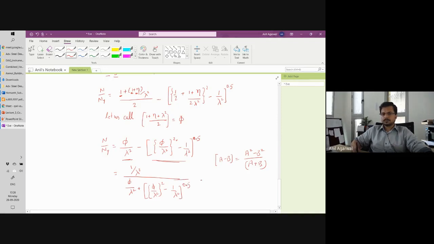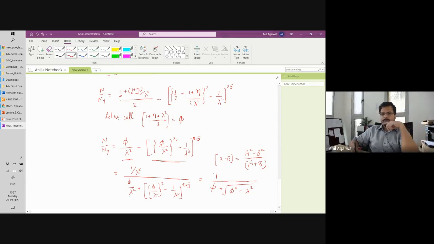Okay. What can I call it? I take the lambda square down from the numerator, I take it to the denominator, it will cancel out this lambda square. So this lambda square and this lambda square will cancel out, and here also it will have the same effect. So I can call it 1 divided by phi plus square root of phi square minus lambda square.